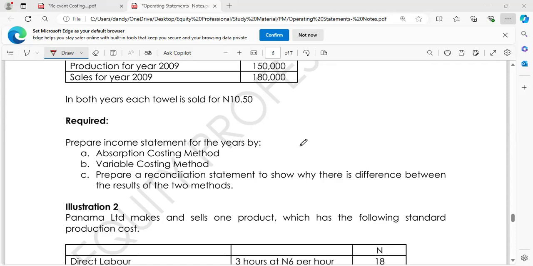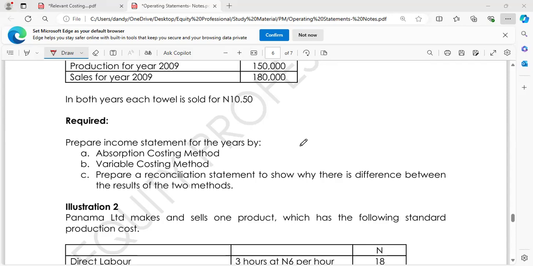In this question, you are required to prepare income statements by absorption costing and variable costing methods, and also the reconciliation statement to show why there is a difference between the results of the two methods.